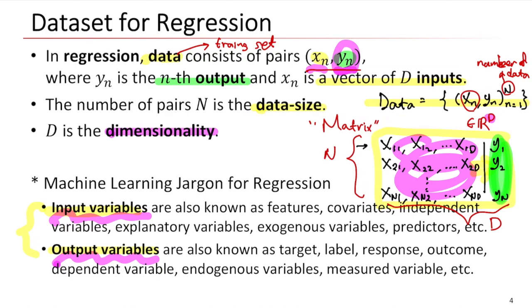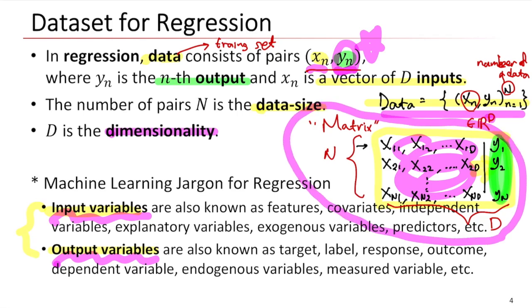So to train the regression machine, we need a number of data consisting of training pairs. That's why the regression problem is also called the supervised learning problem. Okay, so if we have a data set like this, we can represent the data set in vector and matrix form.